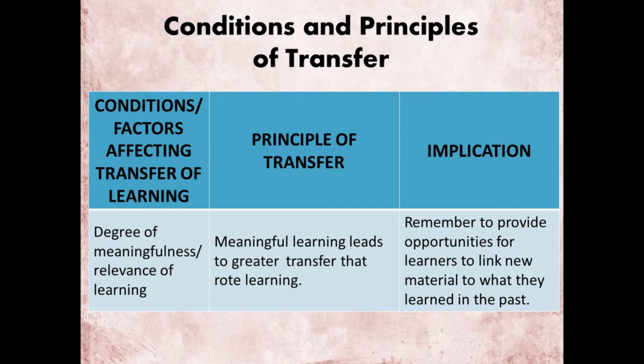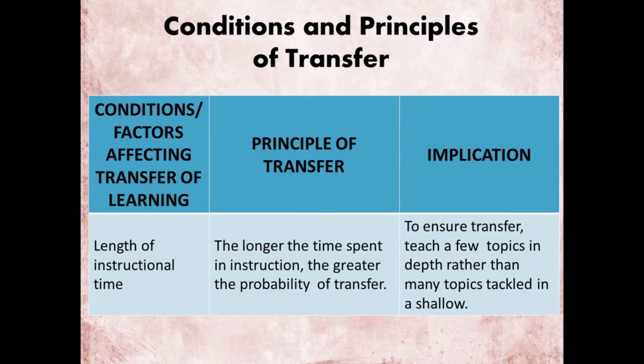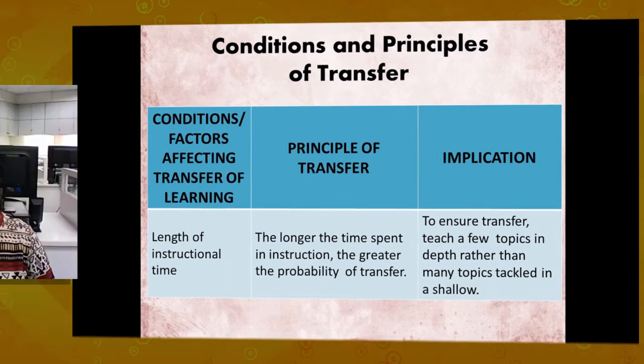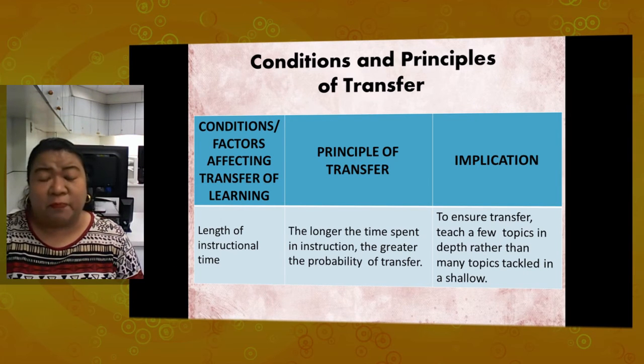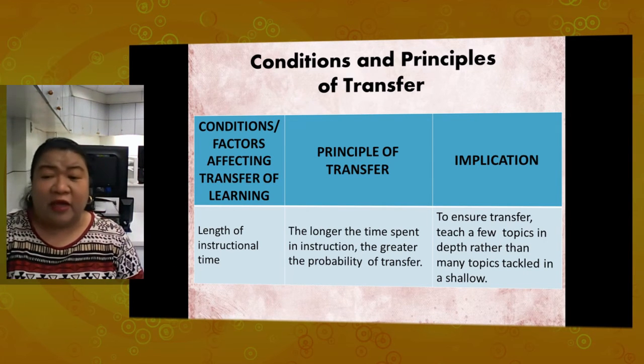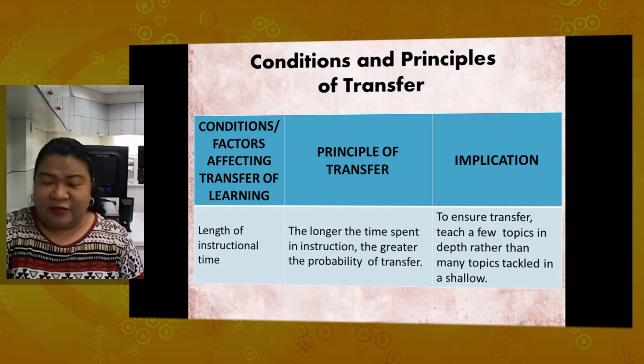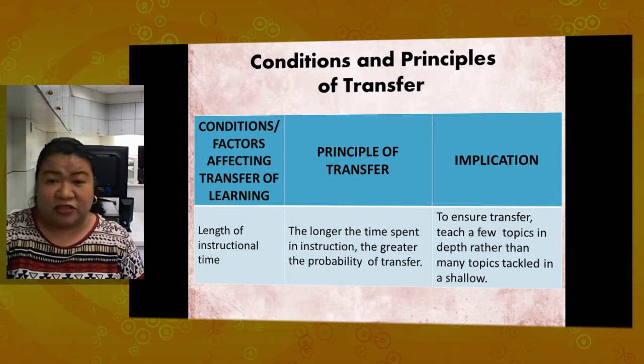And we see that connecting each of these will help us learn it better. Okay, the next factor is length of instructional time. The longer time you spend in instruction, the greater the probability of transfer. So it's important to teach topics in depth rather than many topics tackled in a shallow way.